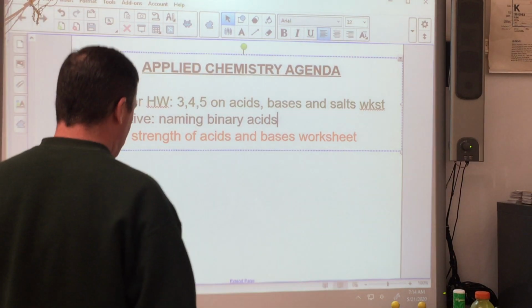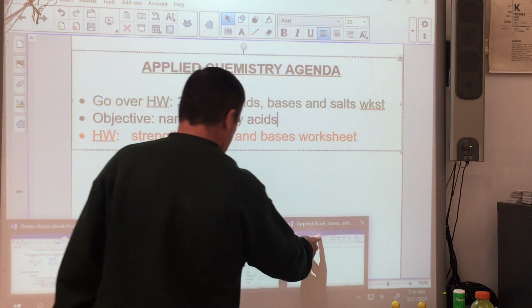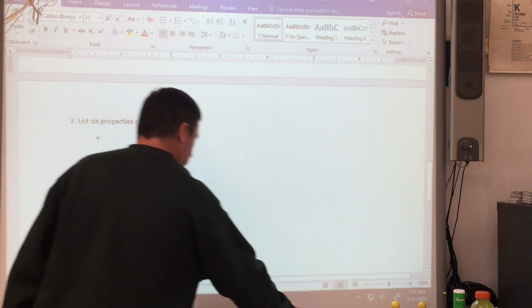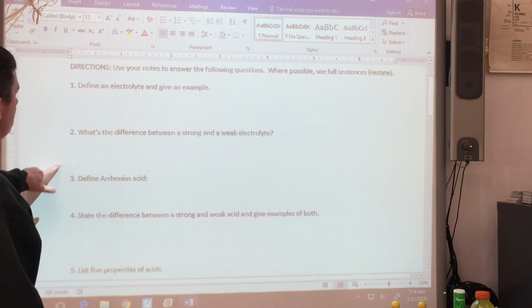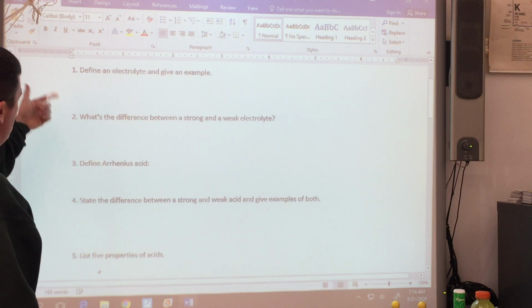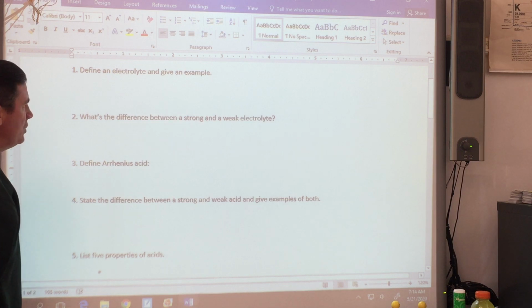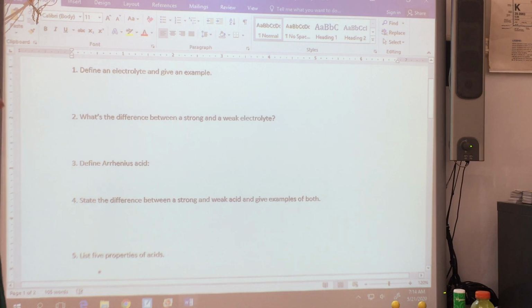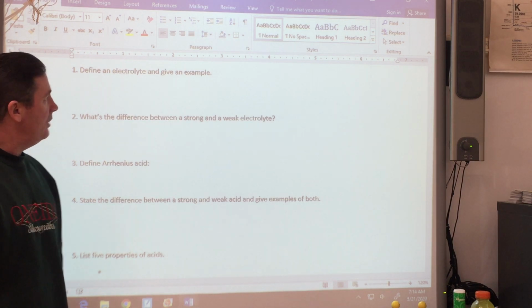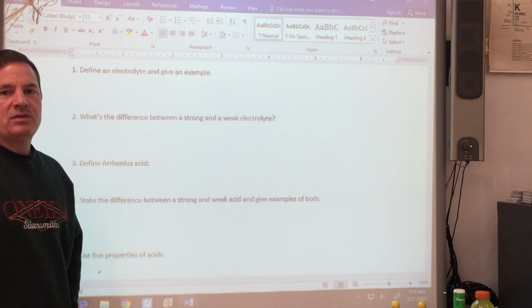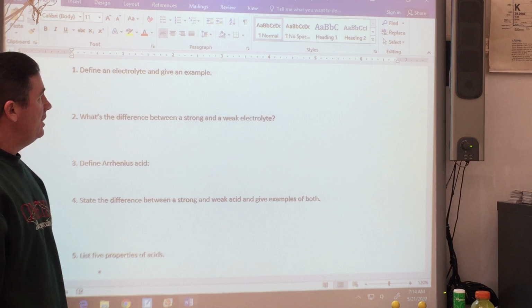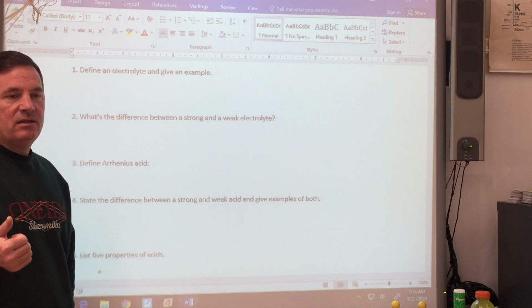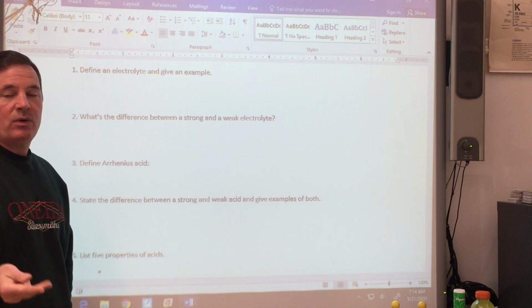Homework was 3, 4, and 5 on this worksheet. You did 1, 2 the day before. Define an electrolyte and give an example. Electrolytes are those substances that conduct electricity. Examples would be any acid, any base, or any salt.